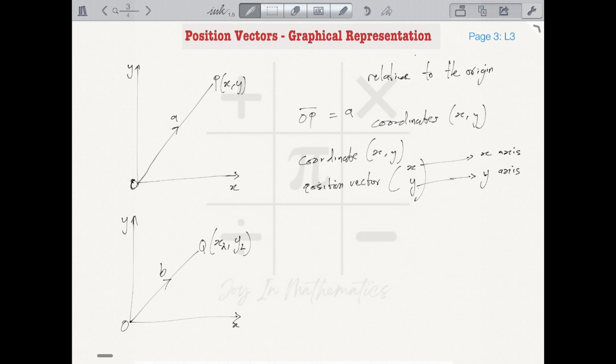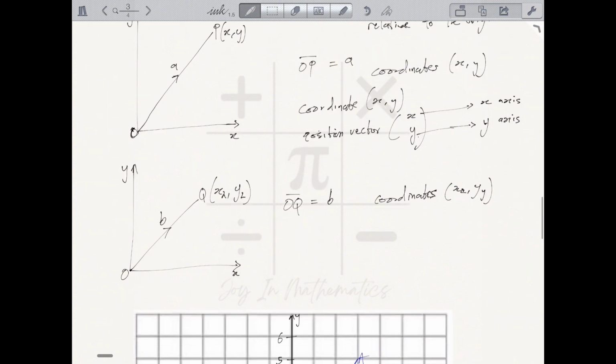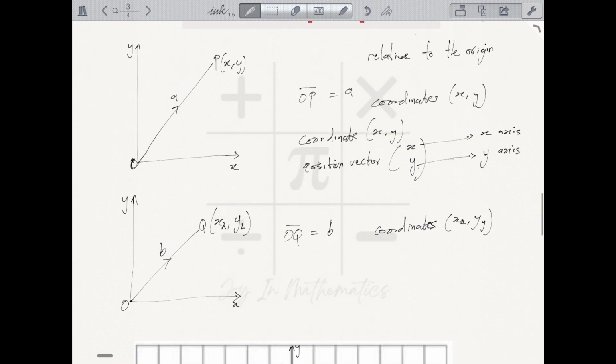Now we know that vector OQ is equal to B, and it has coordinates of x2, y2. If the coordinate is x2, y2, then we can say that the position vector is equal to x2, y2.